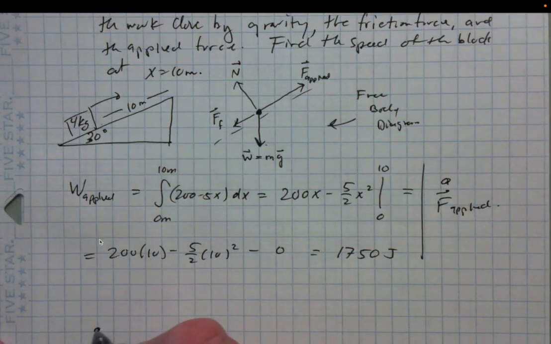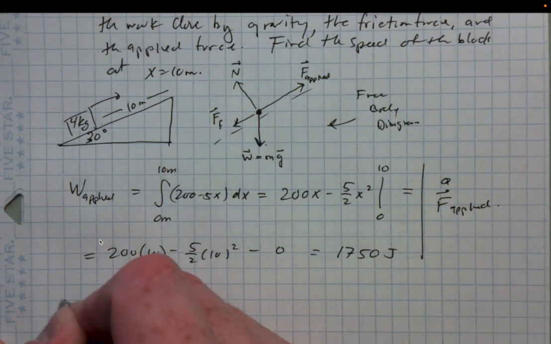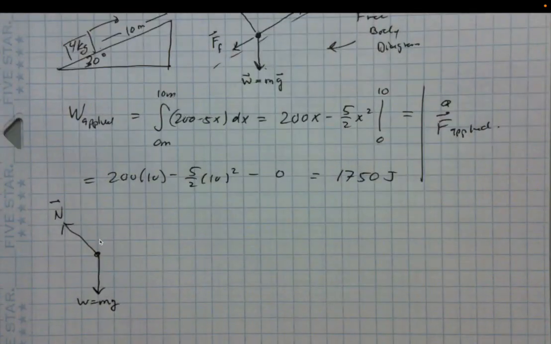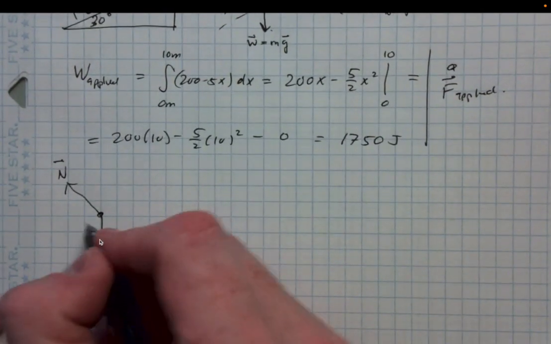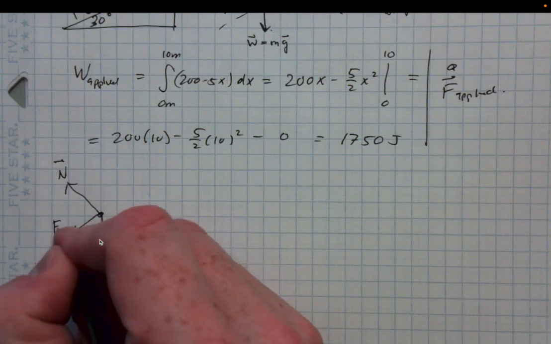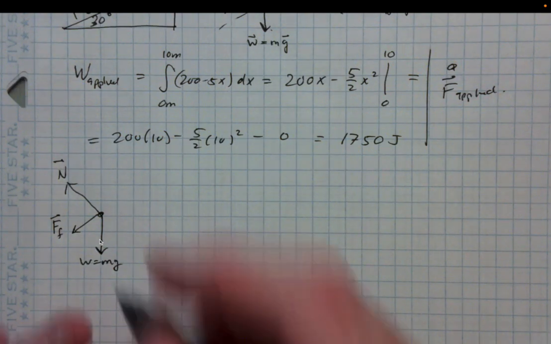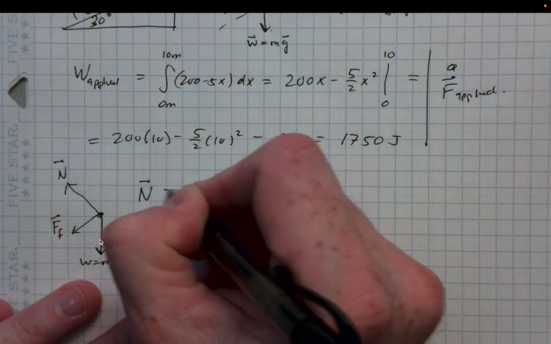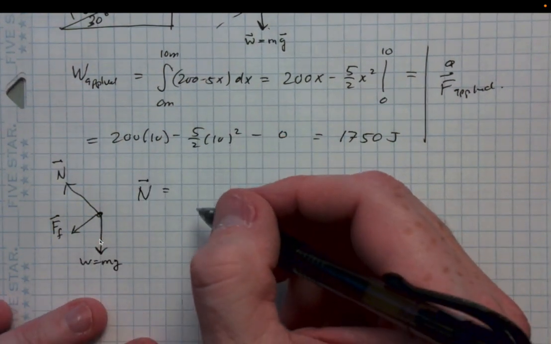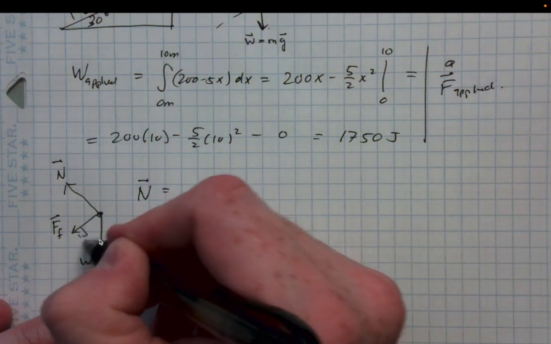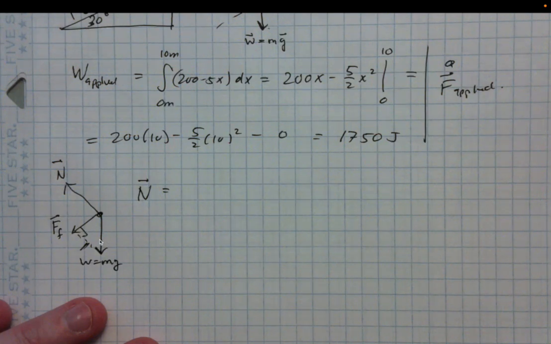Let's next look at the friction force. Remember, you've got the weight, you've got a normal force that's perpendicular to the surface, and then the friction force is acting in this direction. So what is the normal force? The normal force is not exactly the weight, it's just this component of the gravity.